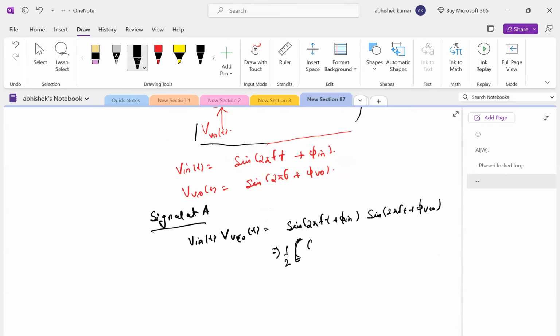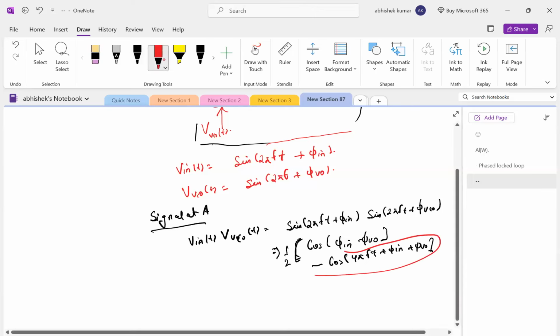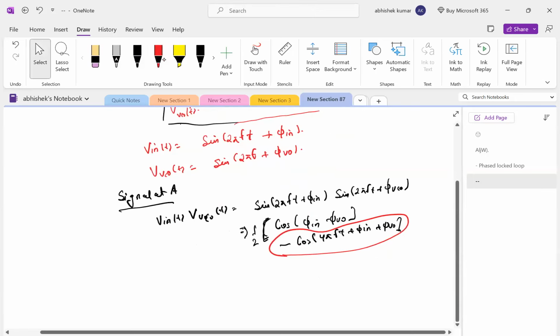Sine A sine B equals cos(φ_in − φ_VCO) minus cos(4πft + φ_in + φ_VCO). And this second signal will not pass through the low pass filter.